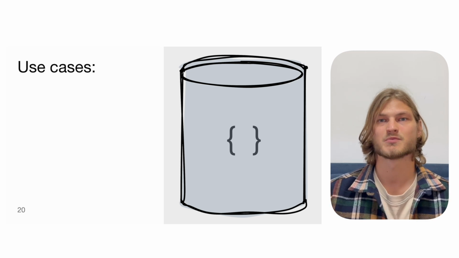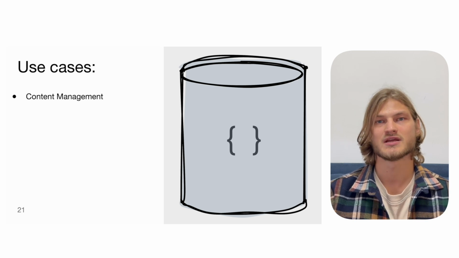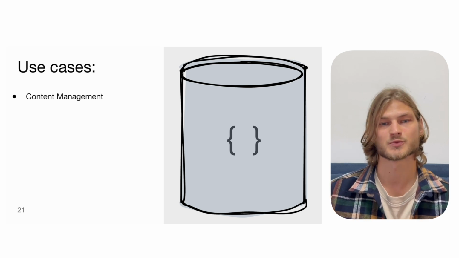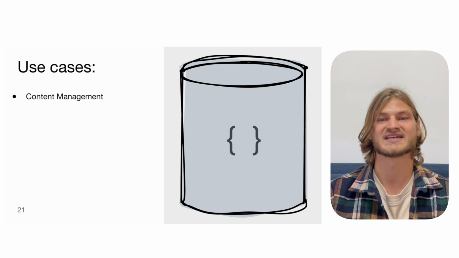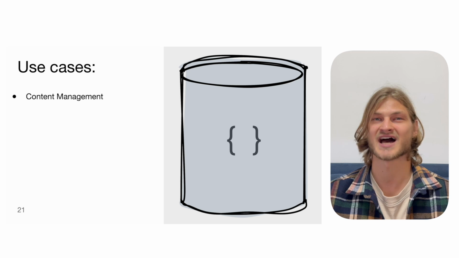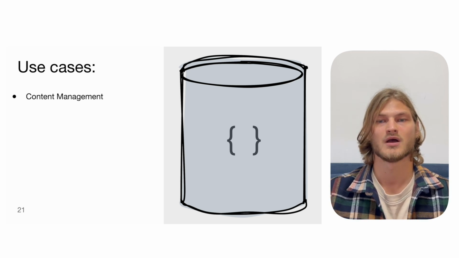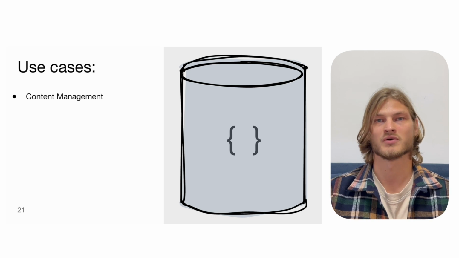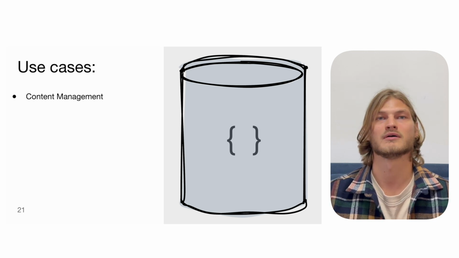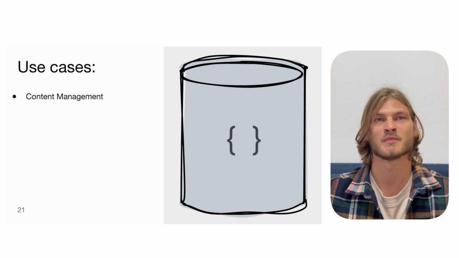And let's speak about use cases of such databases. It can be used for content management, so it can efficiently store and manage content such as articles, images, video, and audio. And it's also pretty useful in digital libraries and in content management systems like CMS.